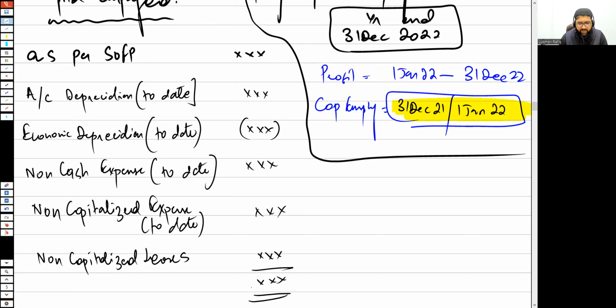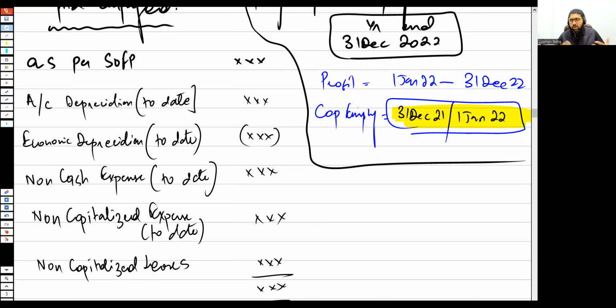non-capitalized leases. Now let me just give you a bit of an idea about what non-capitalized leases are all about. The concept of non-capitalized leases is, now there's this IFRS 16 that has been introduced, but earlier IFRS 16 was not there.